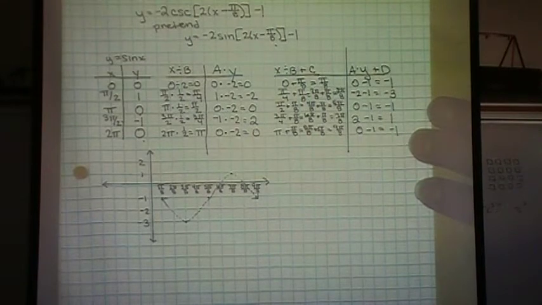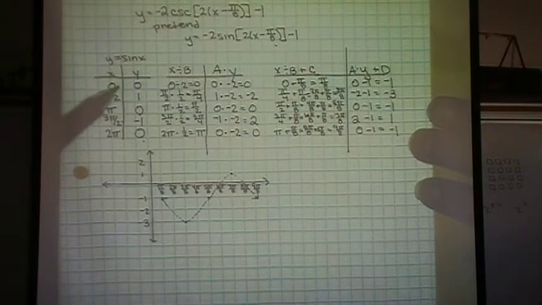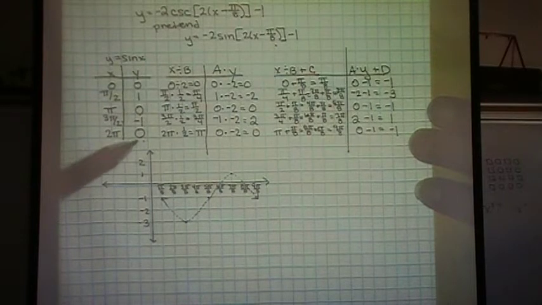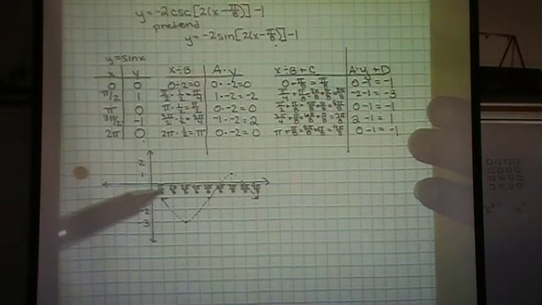Alright, so here's what happens. If you remember, cosecant is the reciprocal of sine. So all of these values where sine was 0, they're going to flip over and 0 is now going to be in the denominator. So they're going to be undefined.